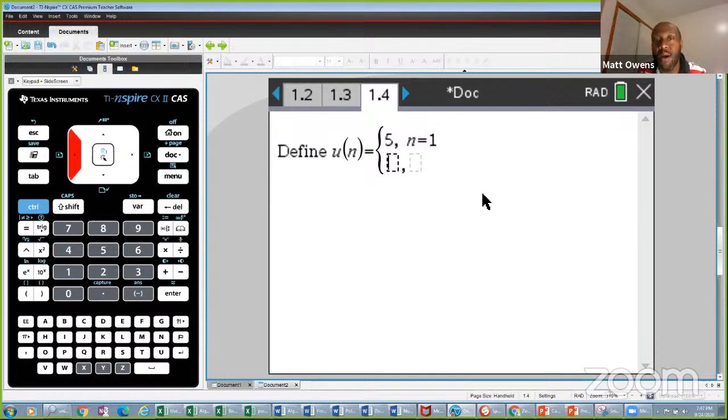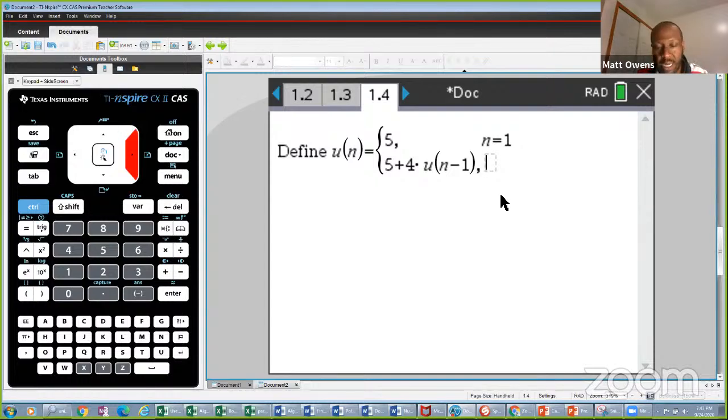So my first term would be 5. And then let's suppose that every term afterwards would be 5 plus 4 times u of n minus 1. In other words, every term afterwards is going to be defined by adding 4 each time.